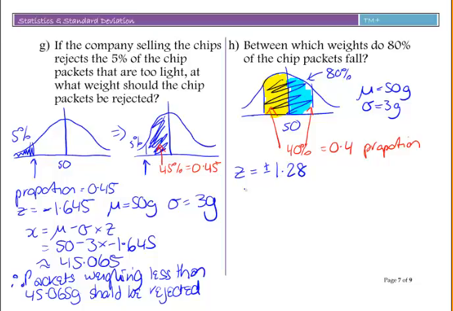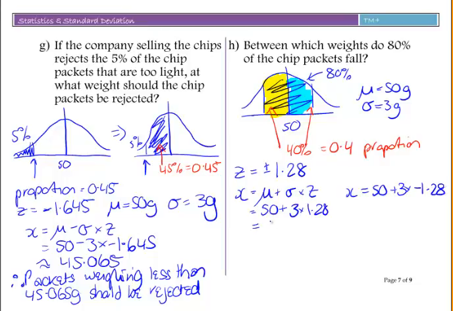To work out our x value, that's going to be our mean plus our standard deviation times z, and we're going to do this twice. So we're going to have 50 plus 3 times 1.28, or our other value is going to be 50 plus 3 times negative 1.28.